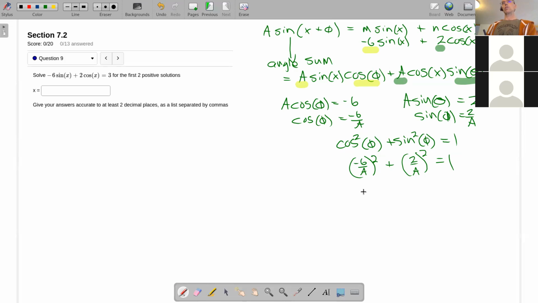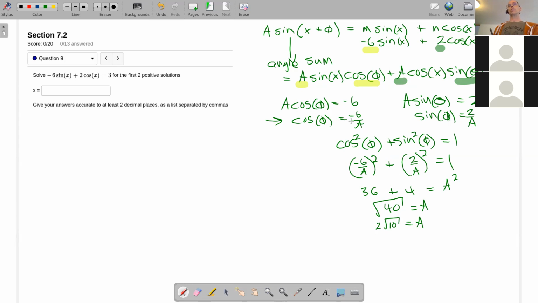So -6 squared is 36, 2 squared is 4. That's going to have to equal a squared. 36 and 4 is 40. So a is going to be the square root of 40. Let's see, that's 4 times 10, so we could say that's twice the square root of 10, for whatever that's worth. So that's our a.